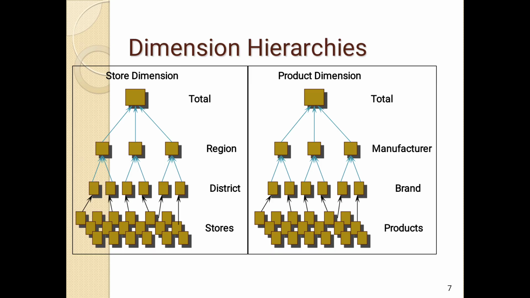So products, what are the brands, from which manufacturer you are getting, and finally you are getting the total products. So these attributes are extending. For example, manufacturer ID, manufacturer name, manufacturer address like city, region. So we can extend our attributes.